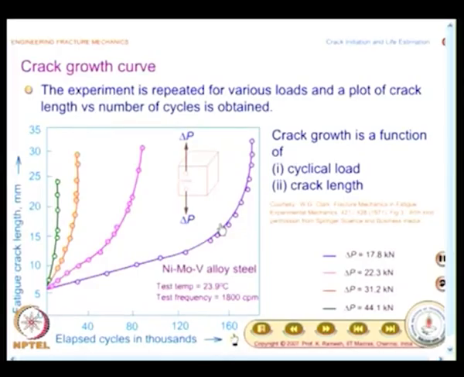For one single material you get so many graphs. I have shown only 4 of them. You can get many of them if you change the delta P value. And what you see here is that crack growth is a function of cyclical load and also crack length.